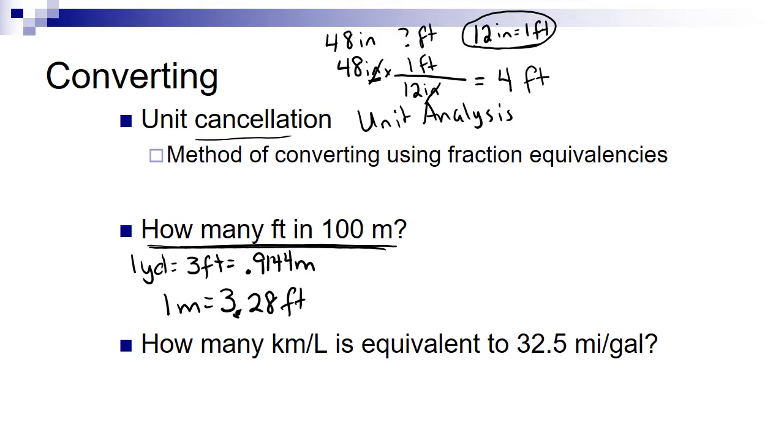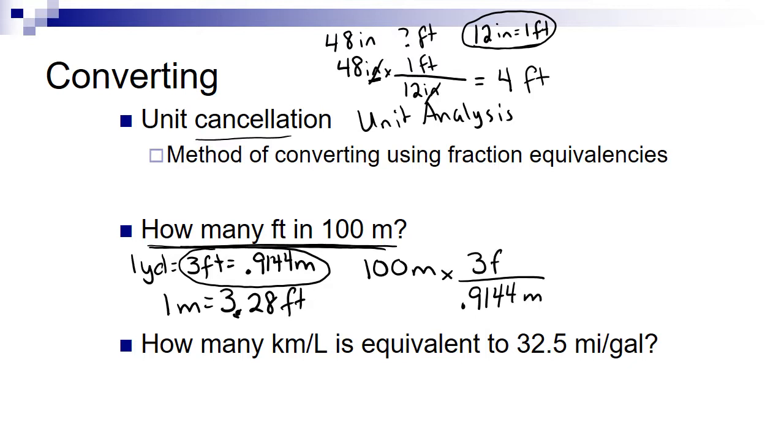You're going to start with the number that was given to you in the problem, 100 meters. We know meters are going to go on bottom, and in this case feet will go on top. Now, just to make it a little more difficult, I'm going to use this top conversion. This idea that there's 3 feet is equal to 0.9144 meters. So I'm going to put 0.9144 meters on bottom.